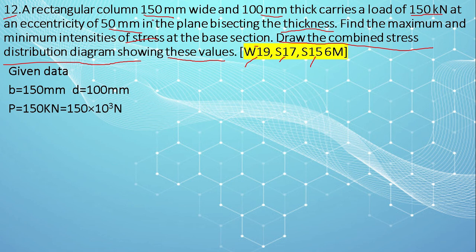A rectangular column 150 mm wide and 100 mm thick means breadth is equal to 150 mm and depth is 100 mm, and load is given, 150 kilonewton. Therefore P is equal to 150 kilonewton. Convert it into Newton, 150 into 10 raised to 3 Newton.